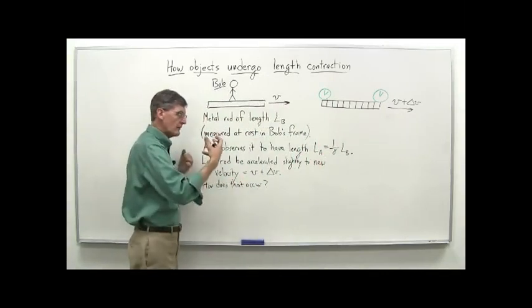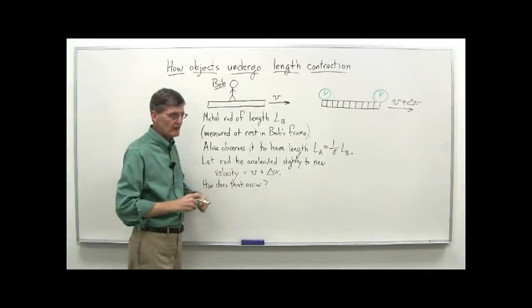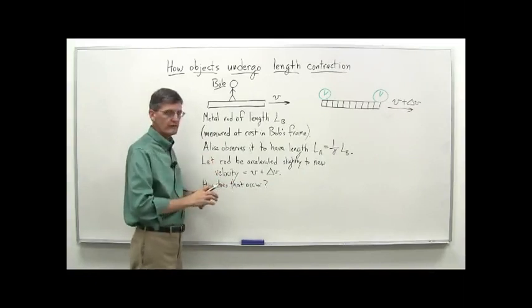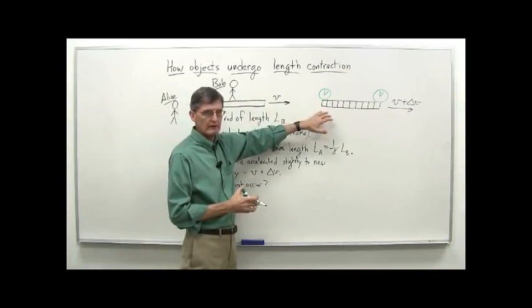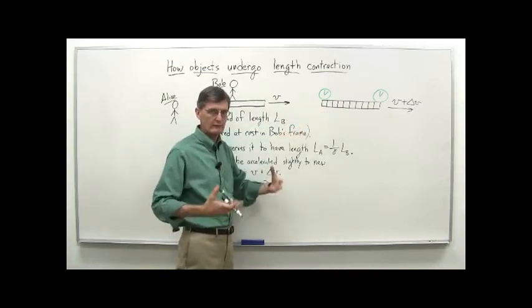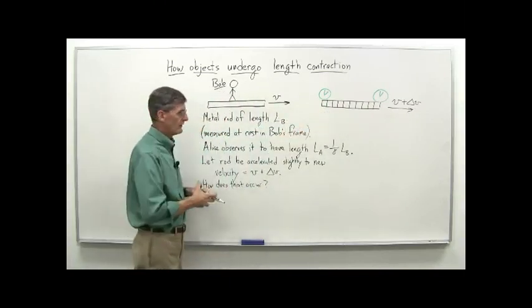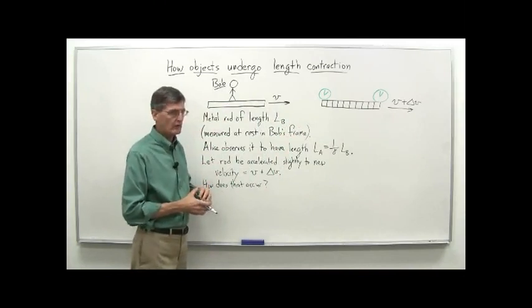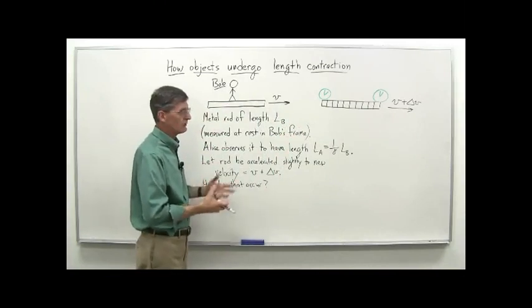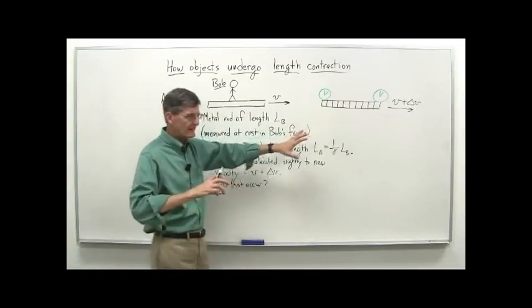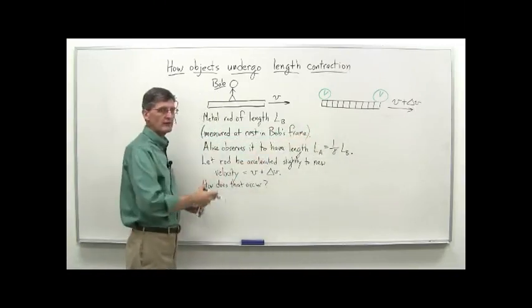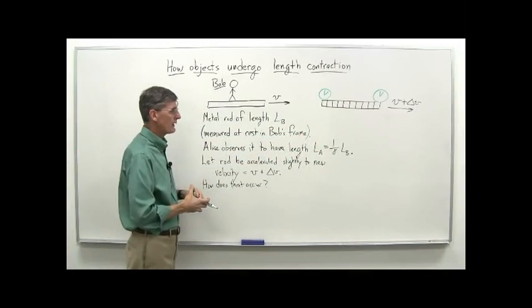Like pretty much everything we've done in terms of deriving these results, even though we've come a long way since we started with the relativity of simultaneity, and that, of course, came from Einstein's principle that the speed of light is constant in all reference frames, all inertial reference frames that we've been using. Okay, so hopefully that gives you an idea of how things actually undergo length contraction.